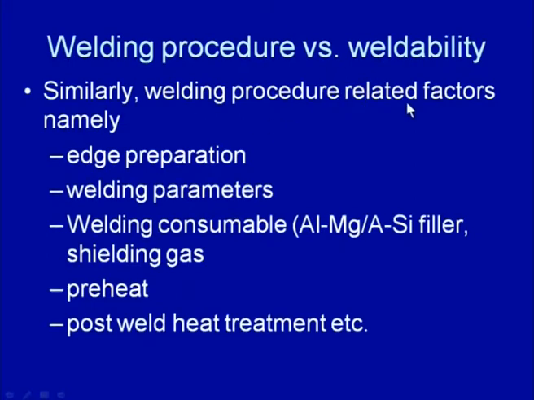So, depending on the procedural steps used for developing a weld joint of the aluminum alloys, we may get a wide range of weldability, or the degree of weldability may vary significantly according to the combination of procedural steps used for development of the weld joint.